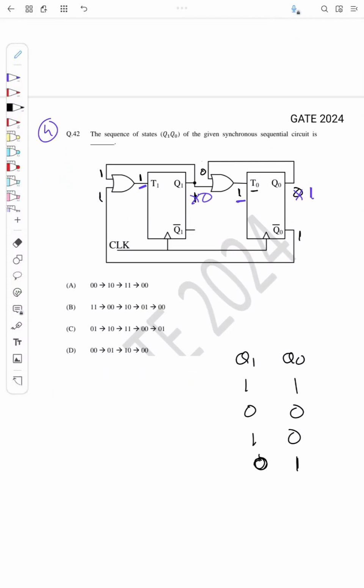I will remove the other values, so it is 0 1. Let me write here. Since Q0 is 1, this input is 1 now, so 1 or 0 will become 1.